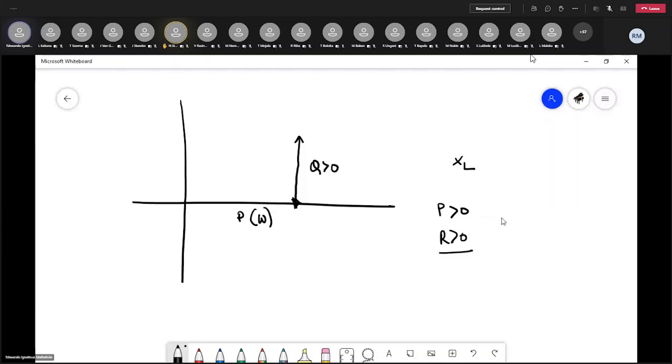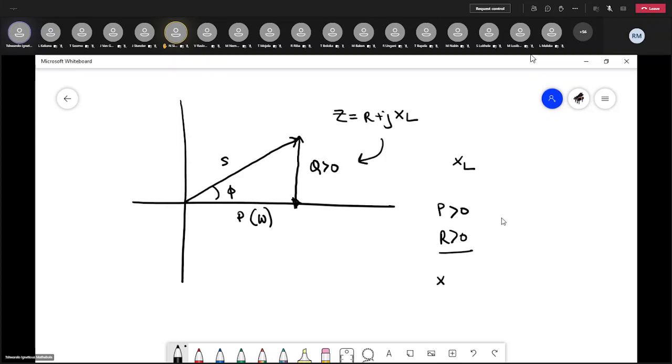The Q is positive. And of course, I would have S there. This is the angle phi, which tells us the power factor. So if I've got XL, my Z would be R plus jXL. This is going to be my power diagram.